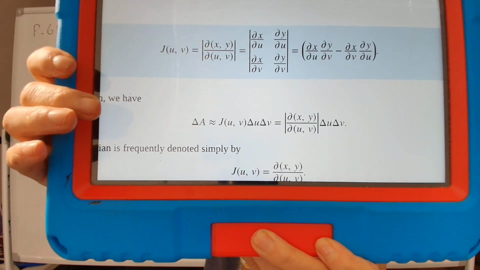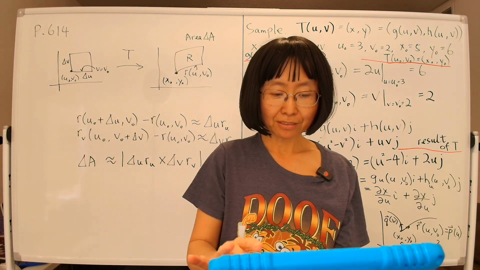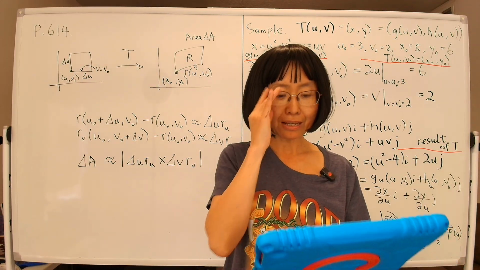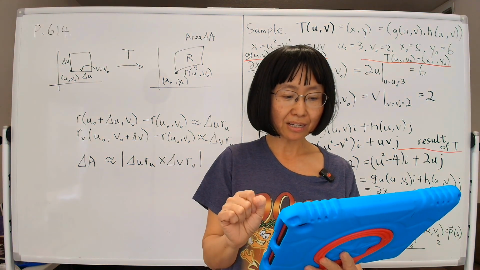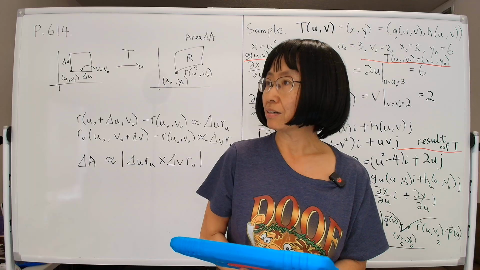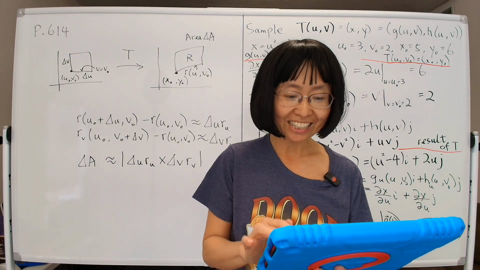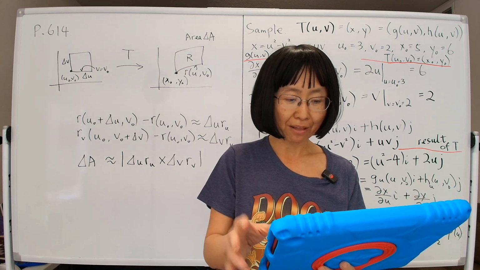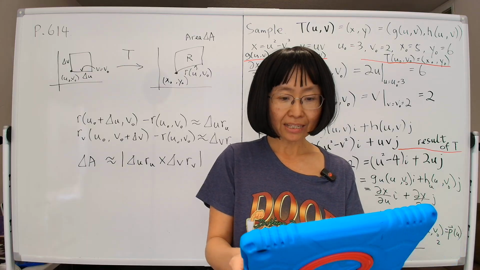And then delta A approximates the, in other words, what we're doing here is trying to build up the integral, right? And the transformation of the Jacobian is going to help us do that. So, okay, that is the Jacobian.